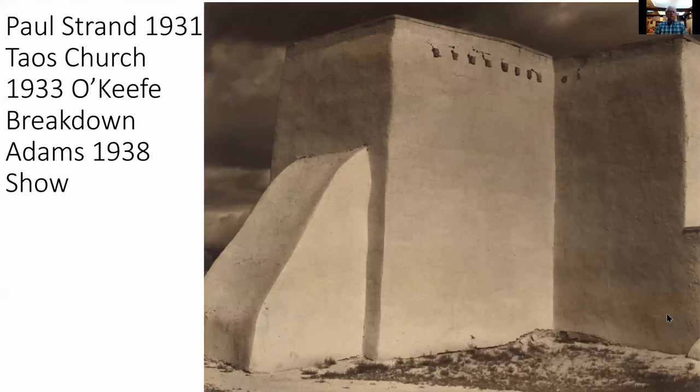But Paul Strand goes out west, and he's taking photographs of the pueblos and the churches in the Southwest. And he does this incredibly famous series of the Taos Church, which is an adobe building. And these photographs are so important that they revolutionize what Ansel Adams thinks about photography.